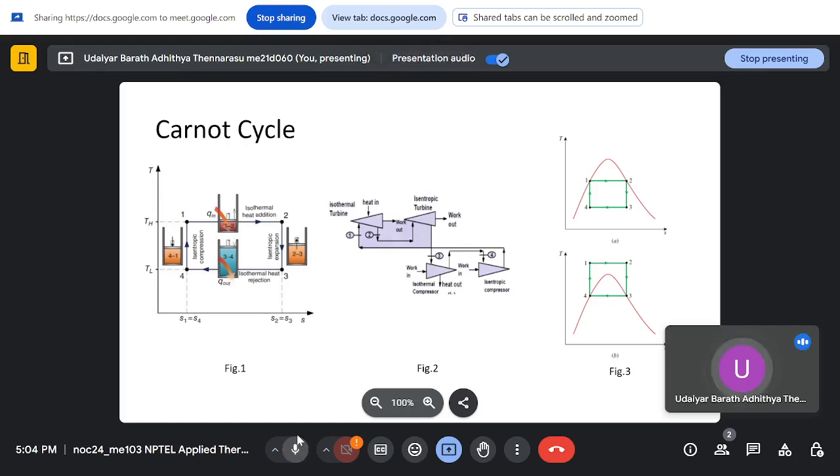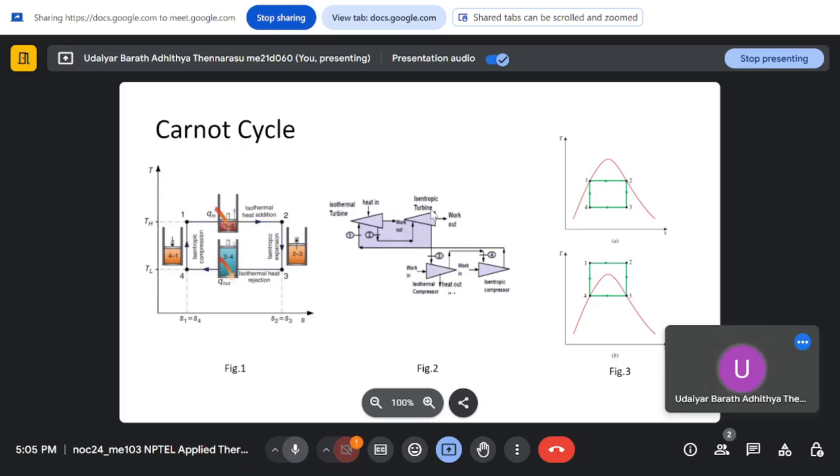So it's an isentropic process, and then the isothermal process, if you see, has both heat addition as well as work interaction. So both have to take place simultaneously, which is very difficult. For that to happen, this process has to be very slow, so we assume an ideal quasi-static process.